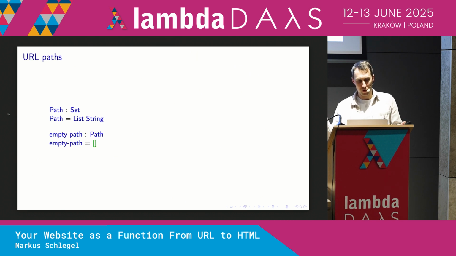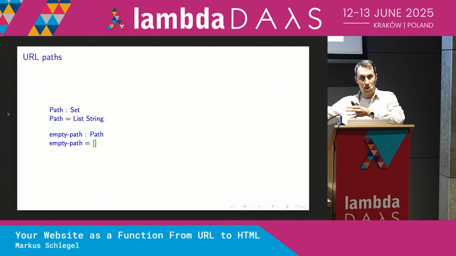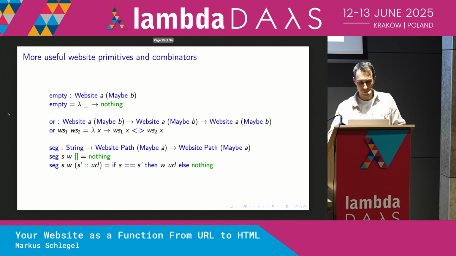At some point we have to talk about a more concrete input type, and we'll do that by saying we have URL paths. A path is just a list of strings, so at this point we already made segments out of a path where the slashes have been, we parsed a list out of this one string.